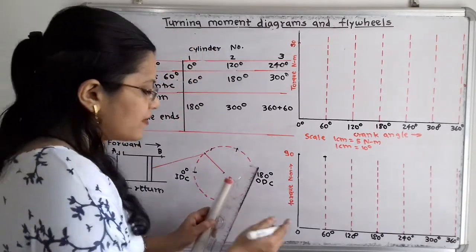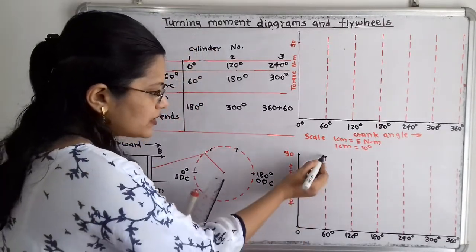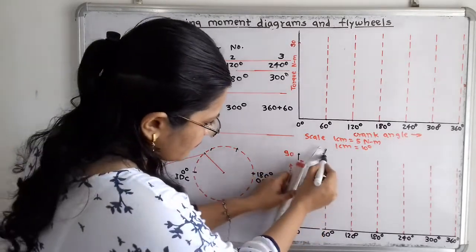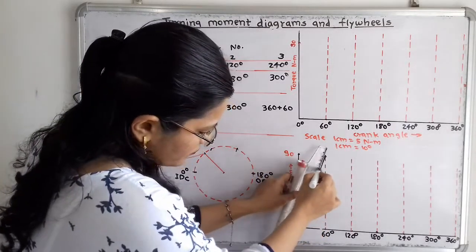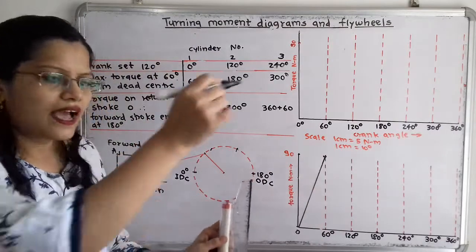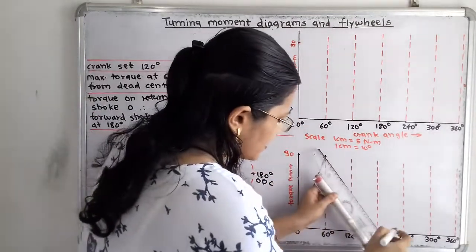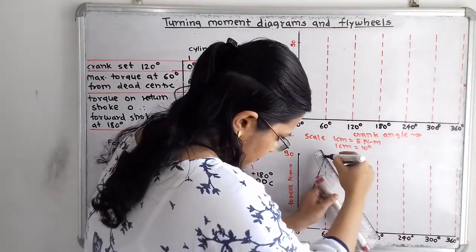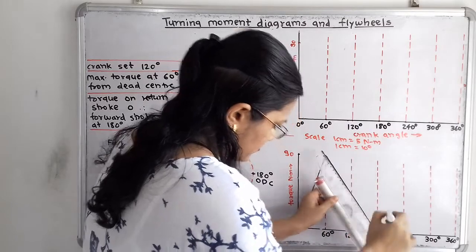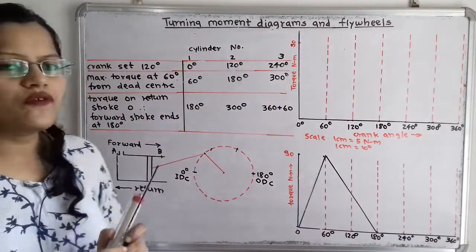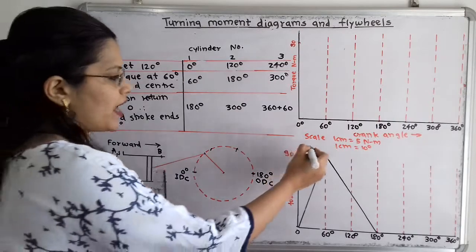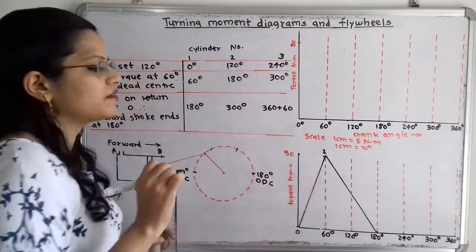First I will join from 0 to this point, and then I will join this point to 180 degree. I will mention here that this is cylinder 1.